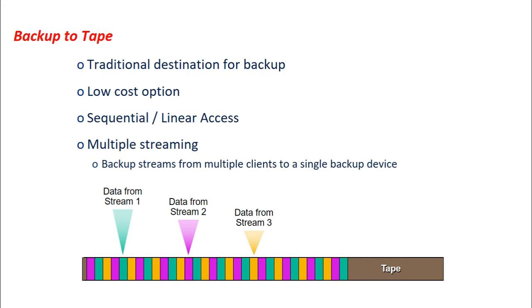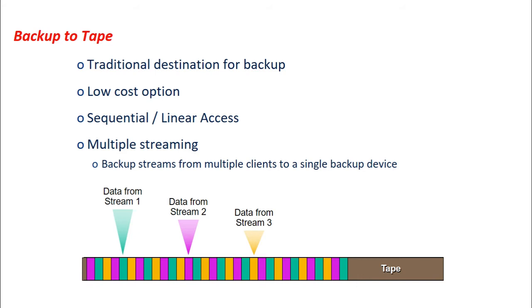Tapes are a low cost solution which are extensively used for backup. The tape drives are used to read and write the data to or from a tape cartridge or a cassette. We use the term cartridge or cassette for a tape. The tape drives are referred to as sequential or linear access devices because the data is read or written sequentially.